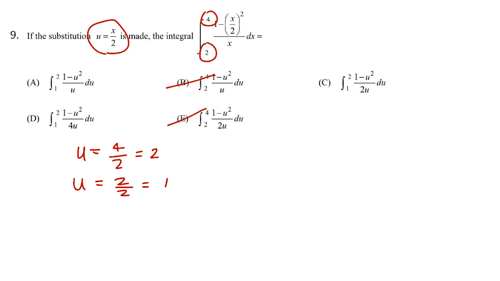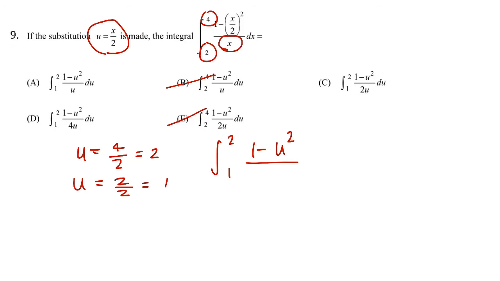Okay, so the next thing we need to make sure is if U is going to be x over 2, then I know I'm integrating from 2 to 1 of 1 minus U squared. Well, darn, that didn't help us any at all because all of the rest of the answers have 1 minus U squared.